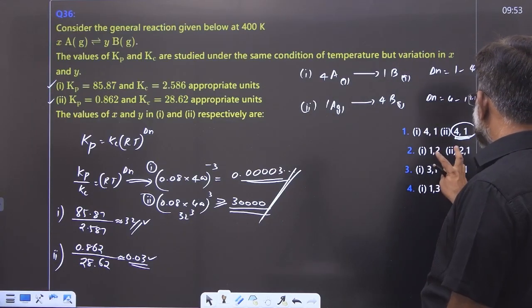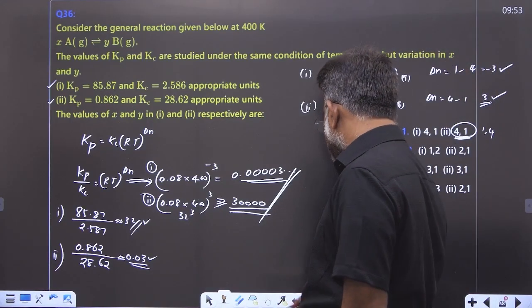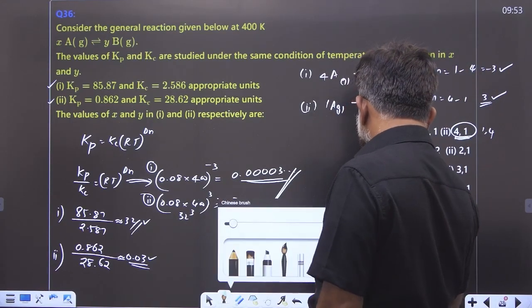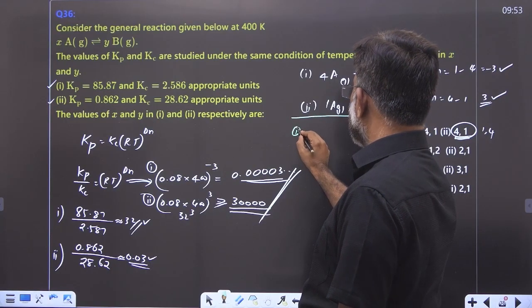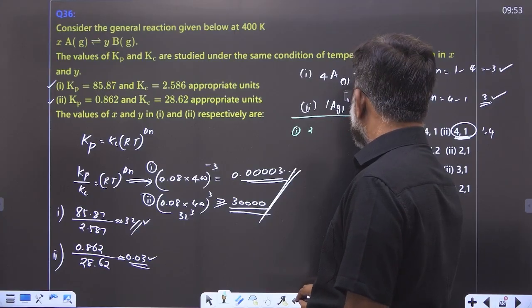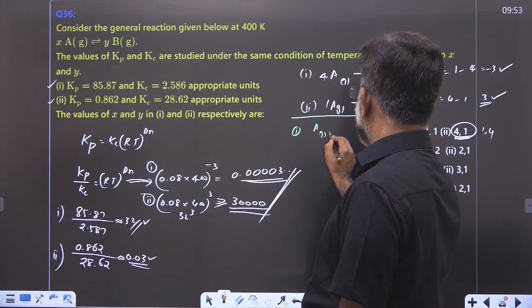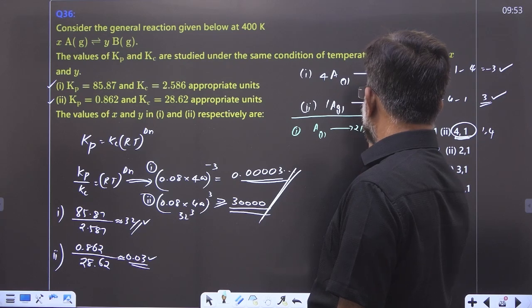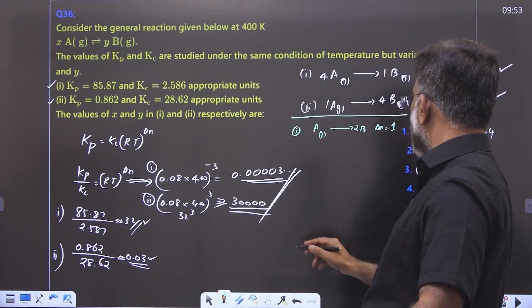What about the second choice? 1 and 2, 2 and 1. Suppose you take that coefficient, the second choice. Maybe in the first case it is 1 and 2: 1A giving 2B, therefore delta n equals 2 minus 1, which is 1.